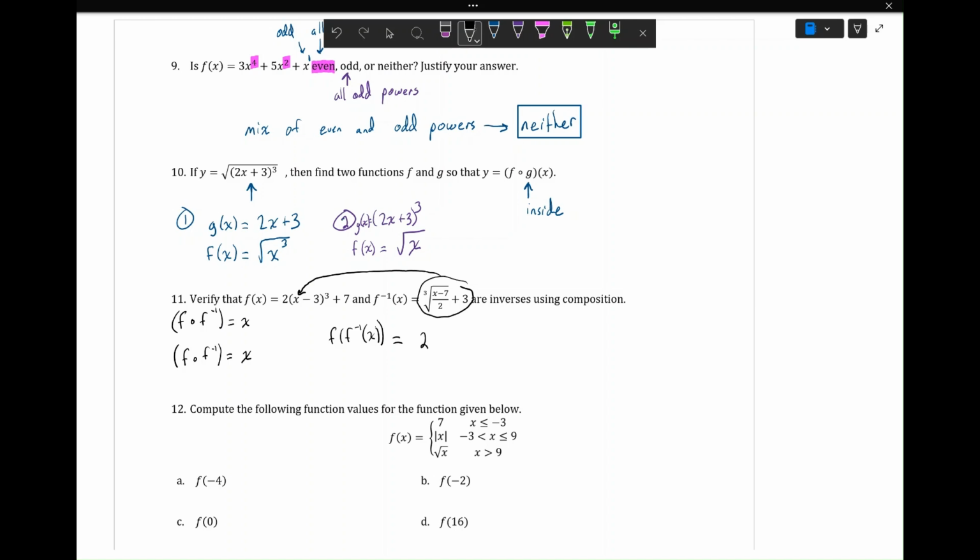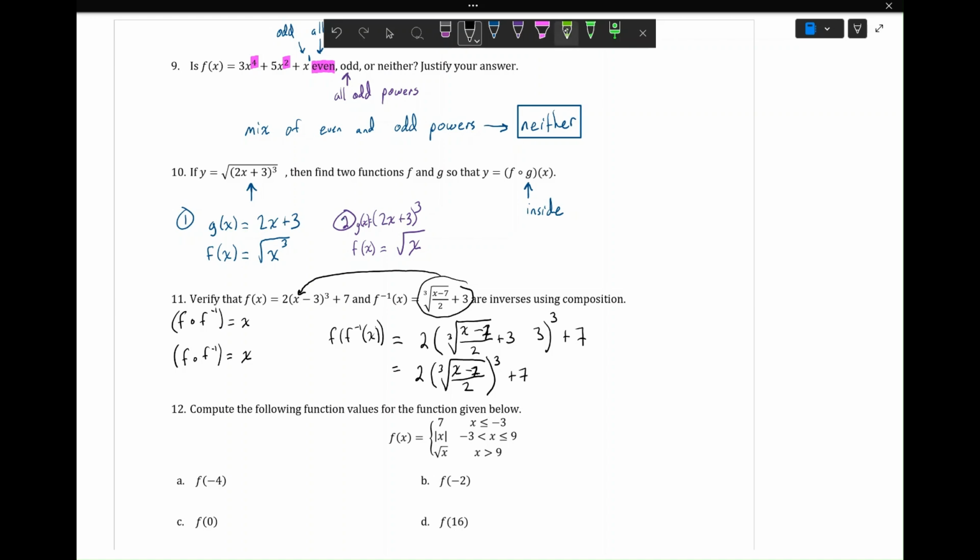in this case, is 2 times the quantity cube root of x minus 7 over 2, plus 3, minus 3, cubed, plus 7. And let's see what happens. The first thing I notice is that this plus 3 and minus 3 zero out. And I'm left with 2 times the cube root of x minus 7 over 2, cubed. Excuse me, I've been writing a minus 2 and it's supposed to be a minus 7 up there.